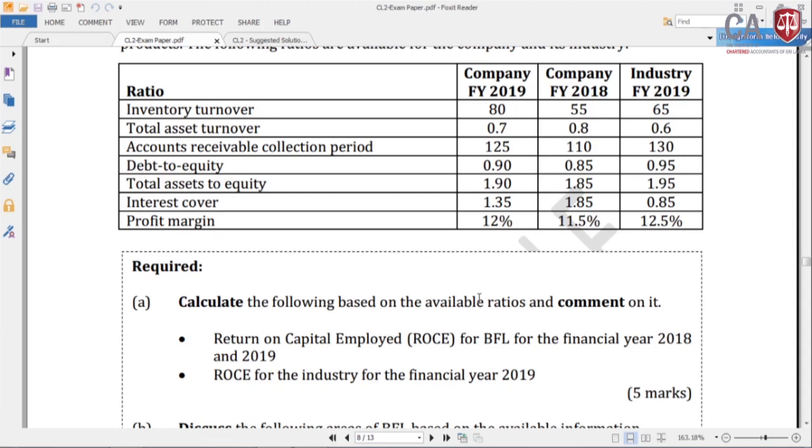So, you need to look at two dimensions in evaluating ROA. In commenting on ROA, you need to look at profitability and you need to look at the efficiency as well.